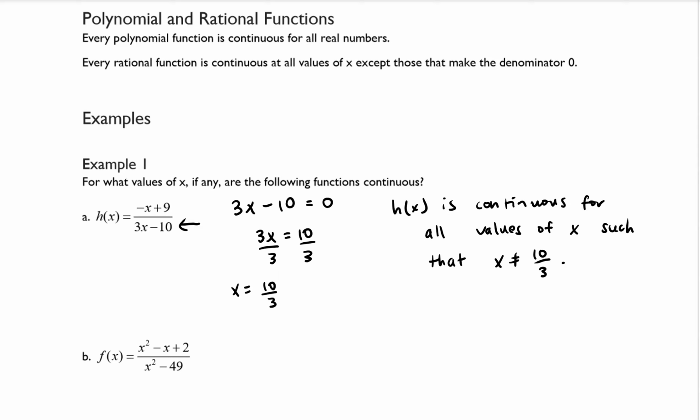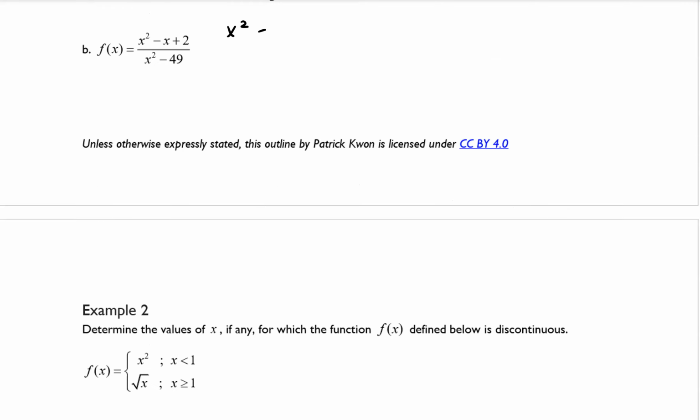We have the function f of x equals the quantity x squared minus x plus 2 divided by the quantity x squared minus 49. We're going to set our denominator equal to 0 again. So we have x squared minus 49 equals 0. I'm going to add 49 to both sides, so we get x squared is equal to 49. And then if I take the square root of both sides, we get x is equal to plus or minus 7.